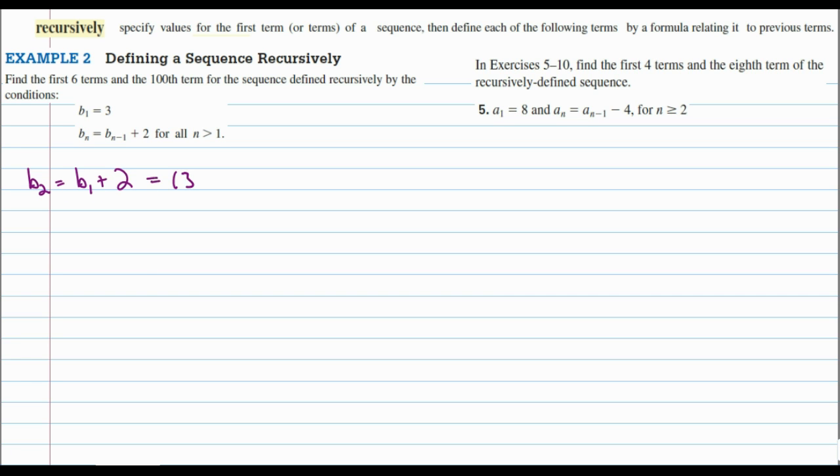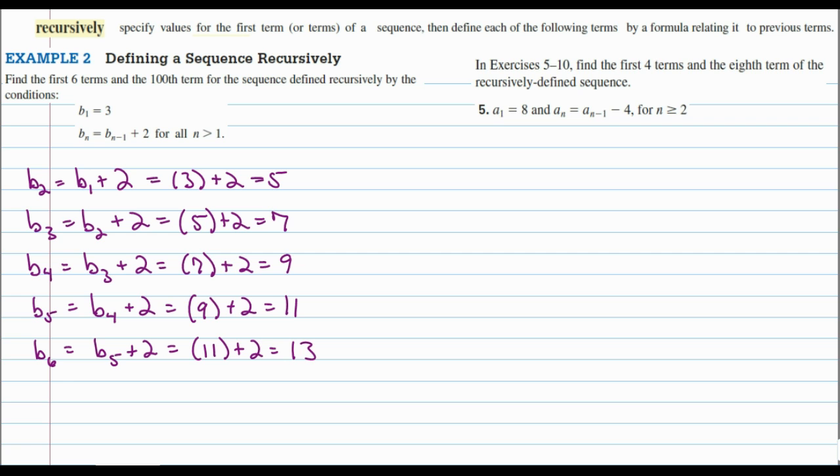In this case that would be 3 plus 2, which is 5. Well then, b3 would be b sub 3 minus 1, so b2 plus 2, which would be 5 plus 2, or 7. And we can follow that pattern all the way through the first 6 entries easily.